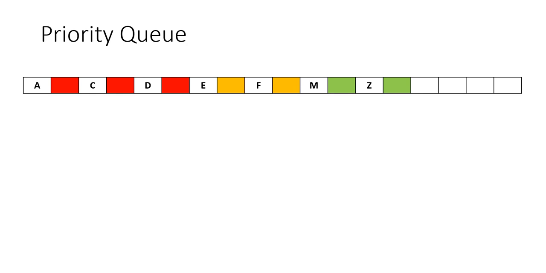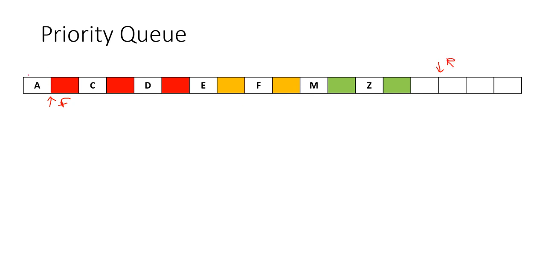The last type of queue that we were going to talk about was the priority queue. And again, it's still going to have 2 pointers, a pointer to the front and a pointer to the next available space, the rear.